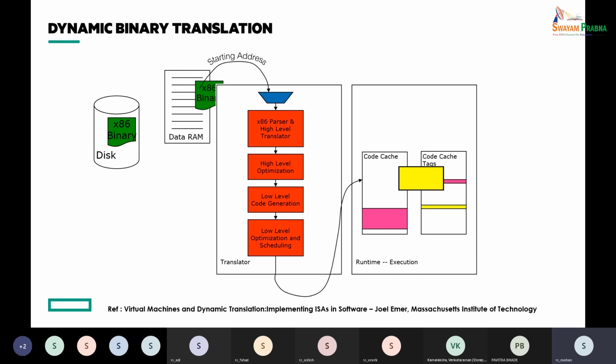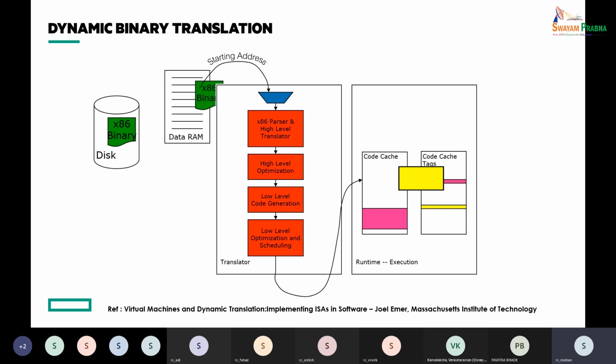So it has to maintain metadata information to know where it has to branch to, because the code structure as such is not maintained once you do a dynamic binary translation. Since it's getting translated, the overall look and feel of the code will change, and so you can't branch to the same addresses if it's a branch to an address which is there in the original code.